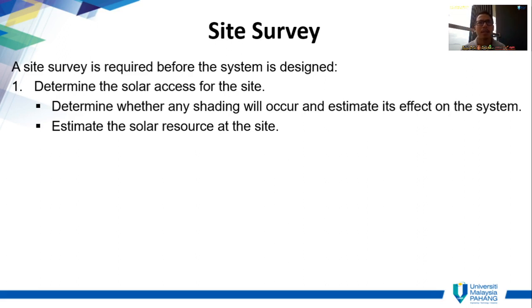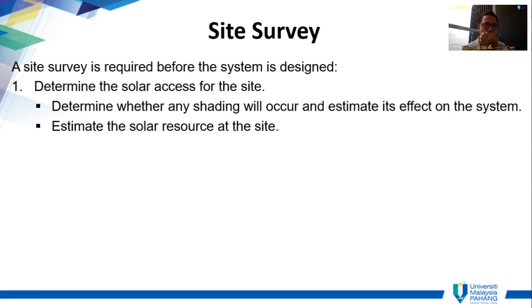Some people will refer to the meteorological department to get rough solar data, and sometimes they also go to institutions that have a pyranometer at their place and extract the data. Sometimes they pay to get the solar irradiance data for the place.